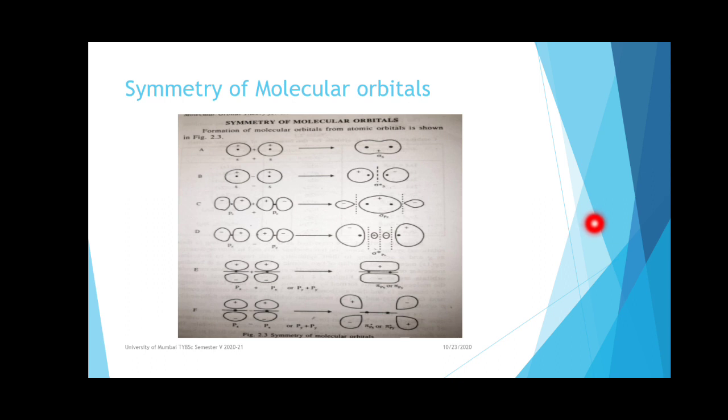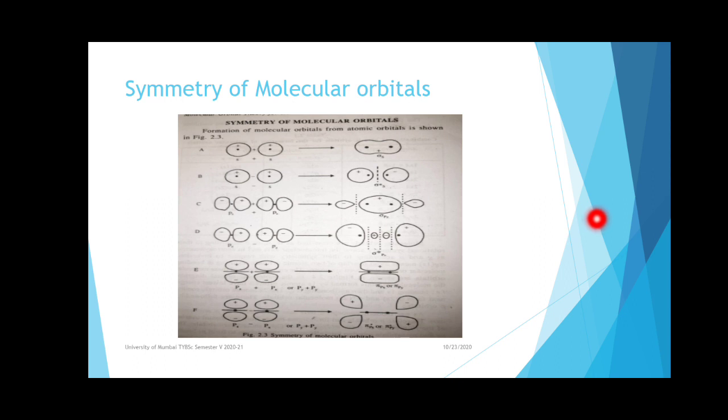In the E and F combinations, you can observe that px or py, these two atomic orbitals, overlap laterally, or sidewise, so that overlap is minimum actually.